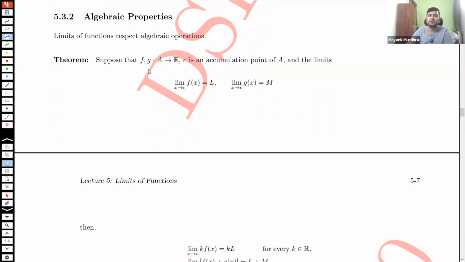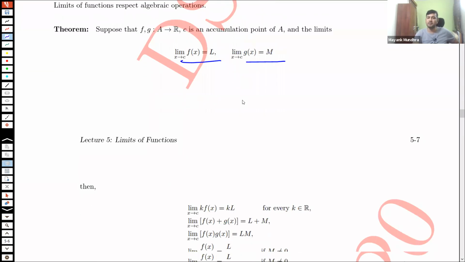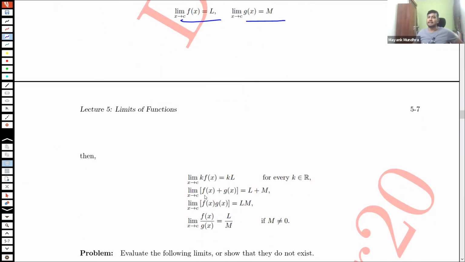Then certain algebraic properties of limits. If f has a limit L and g has a limit M, then k times the f function will have a limit kL. I've seen that limit x tending to 0 plus x by x is equal to 1.